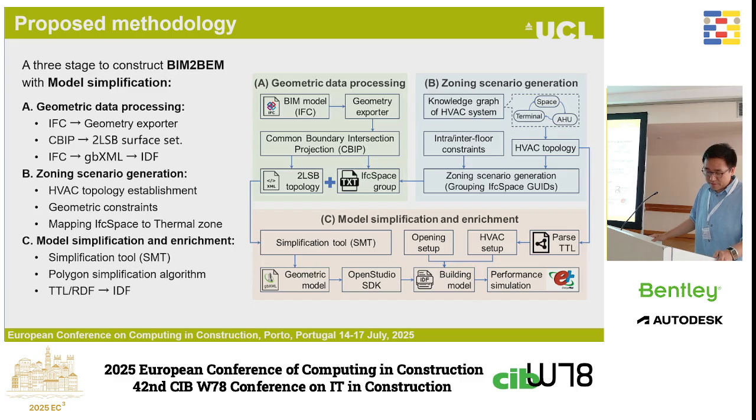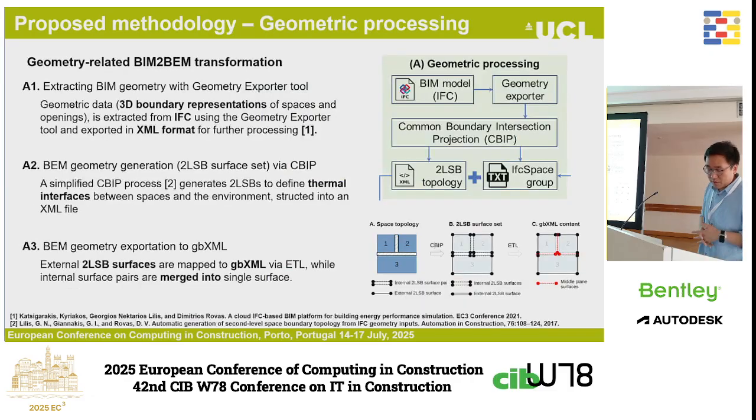The last stage, model simplification and enrichment, can also be divided into two parts. The first part is model simplification, which I will mention further. The second part is how to populate the HVAC information from the knowledge graph, the HVAC topology, into the IDF EnergyPlus model.